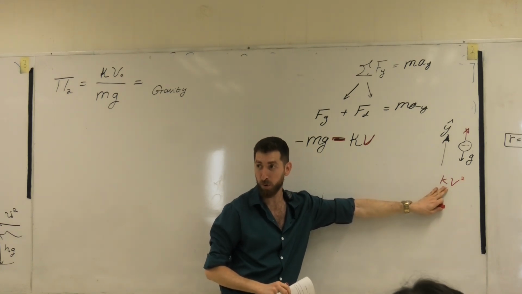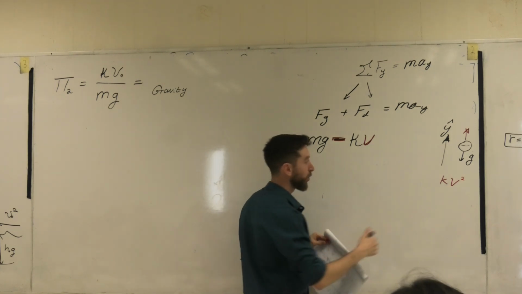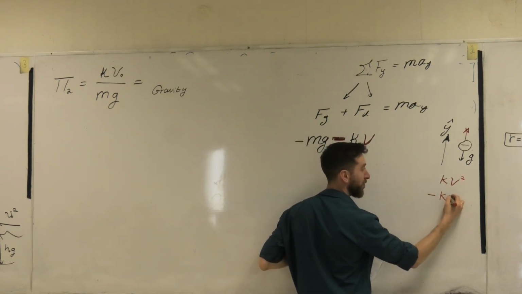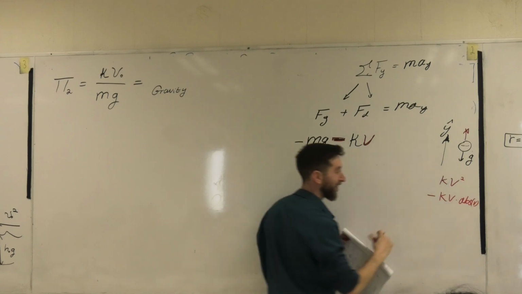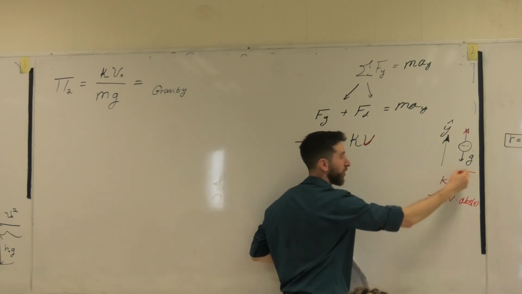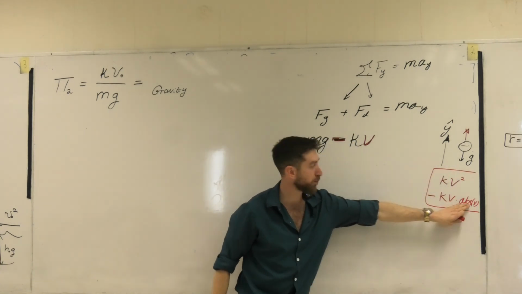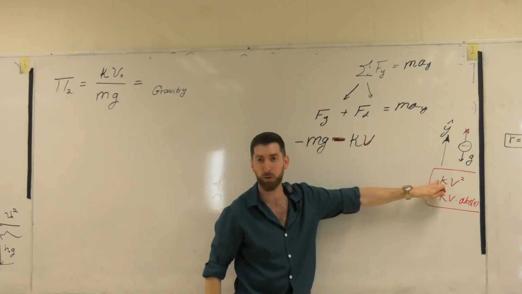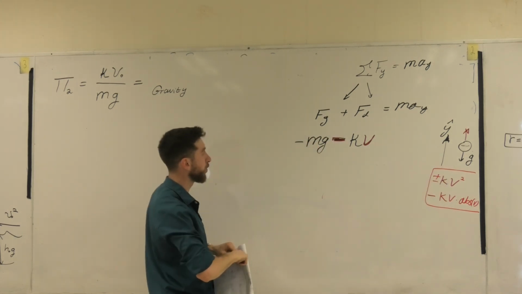And if you write it as MATLAB code or a simulation, you should do minus kv multiplied by the absolute value of v, and then you are okay with the sign. So just remember these two: kv with absolute value, or kv where you need to determine if it's plus or negative. These are the two ways.